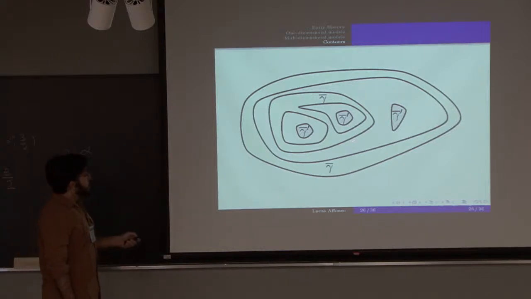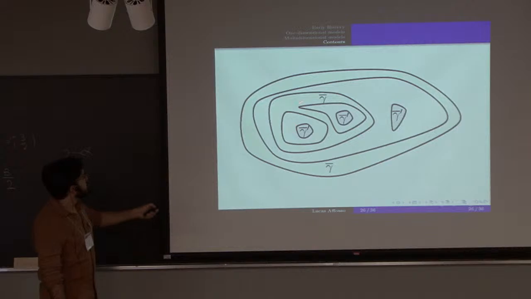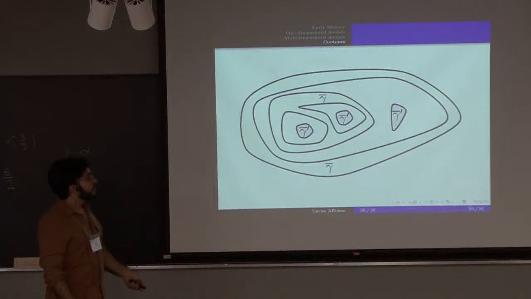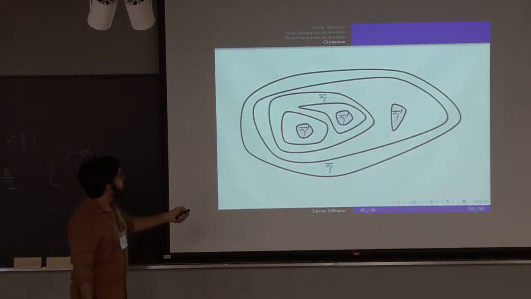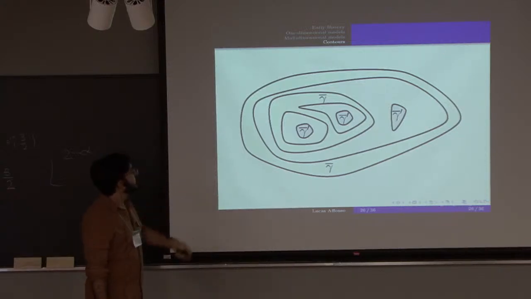Why? Because if I take the region gamma, and I take the complement of this region, we have one connected component, this white region, two connected components, this third white one, and there is another unbounded connected component right here.